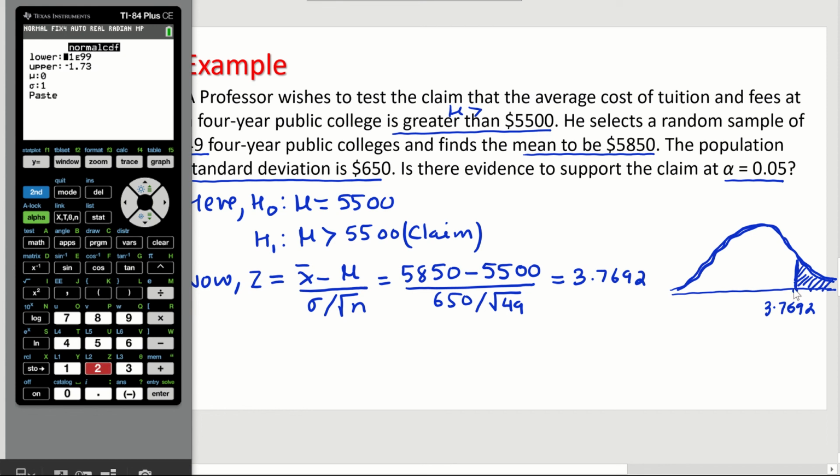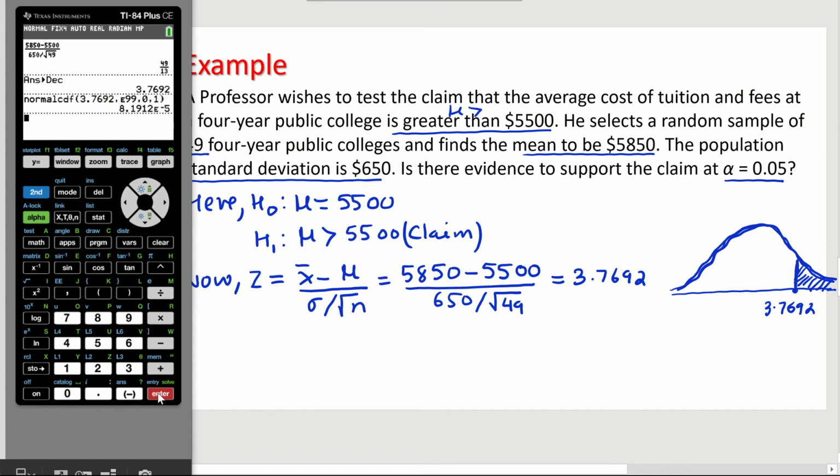Your lower value over here is 3.7692. The upper value goes up to infinity, which is E99. Mean 0, standard deviation 1, that's what we can take here. And then paste. Because we have already standardized to z-score, we can use mean equal to 0 and standard deviation equal to 1.